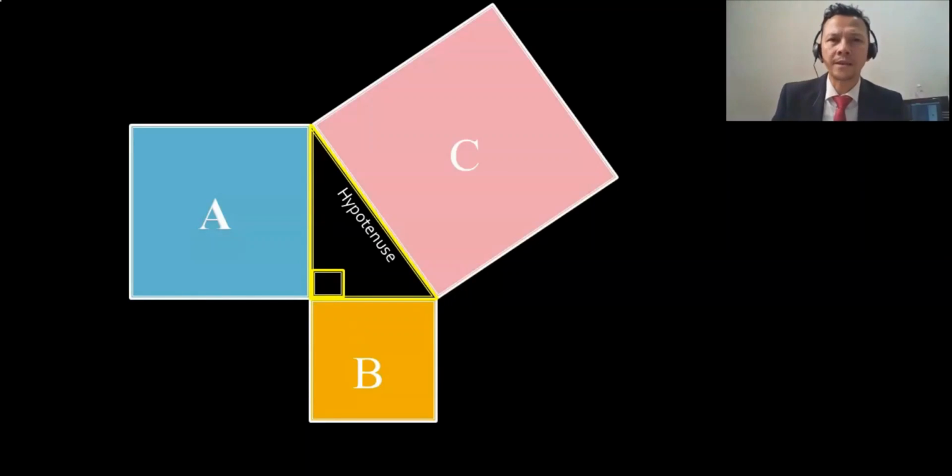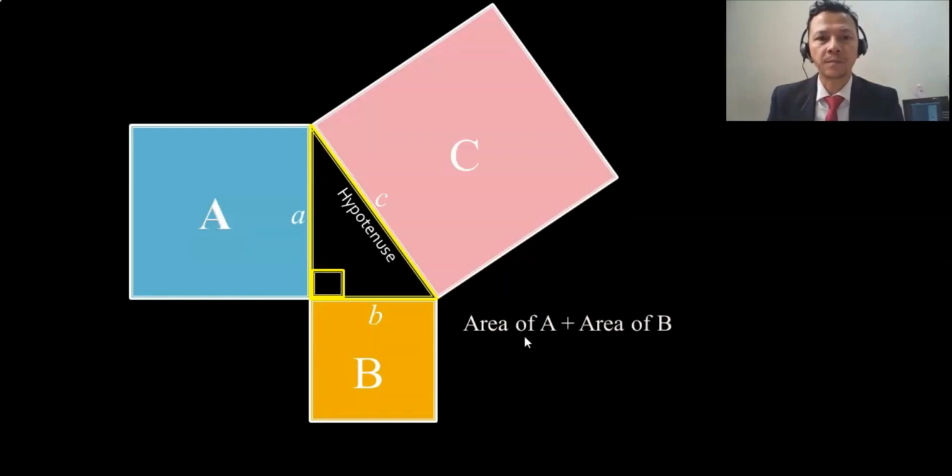The theorem states that the area of the square on the hypotenuse is equal to the areas of these two squares, which means area of A plus area of B is equal to area of C. Area of A is going to be A times A, which is A squared.